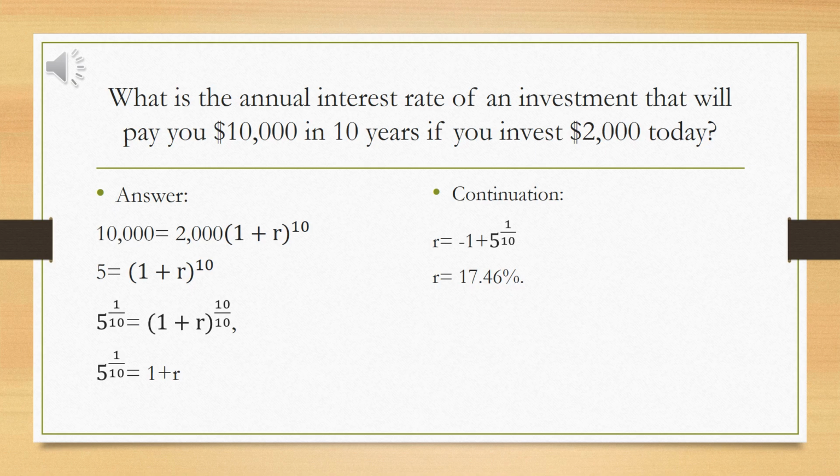Thus, 5 would be equal to (1 plus r) to the power 10. 5 to the power 1 over 10 would be equal to (1 plus r) to the power 10 over 10. So 5 to the power 1 over 10 is equal to 1 plus r. R equals minus 1 plus 5 to the power 1 over 10, which is 17.46%.